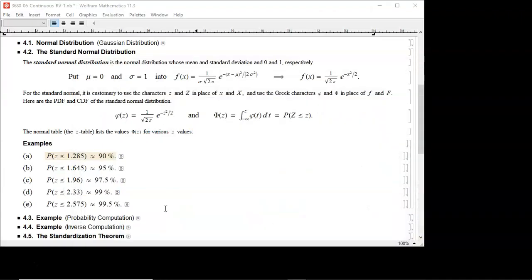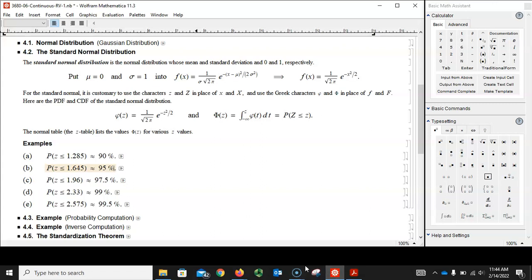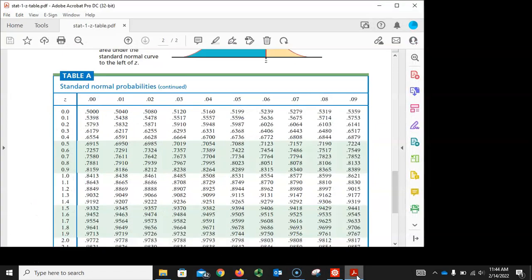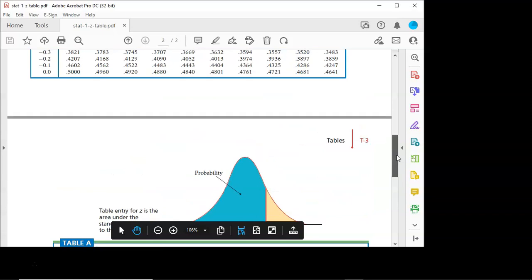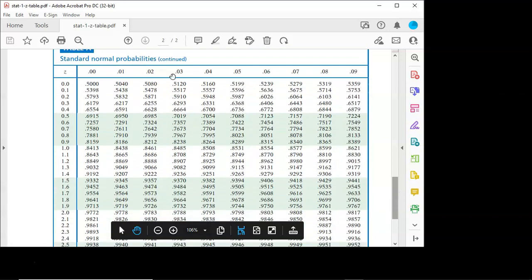Let's come back to the next example here. How about this? Less than 1.645. That's got to be about 95%. Let's see. How about that picture again? 1.6. So let's go to Z. 1.6 is over here. And 1.6, fourth column, fifth column. So we're getting something like this.